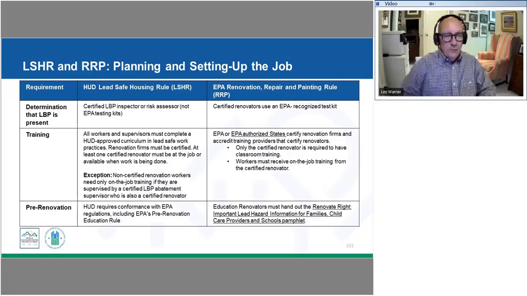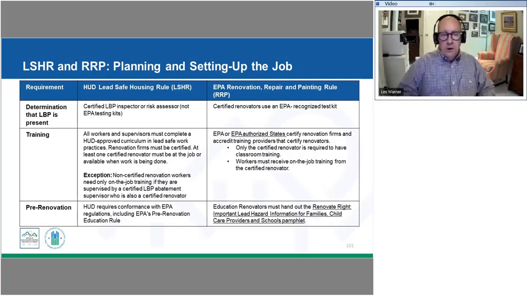The lead-safe housing rule requires that not only the firm itself be certified, but that we have at least one certified renovator on that job and available when work is being done. If we have non-certified workers, they can receive on-the-job training, but they have to have on-the-job supervision from a certified lead-based paint abatement supervisor who's also a certified renovator.